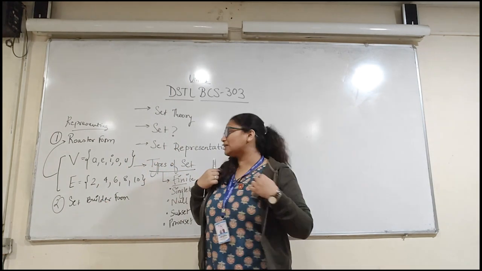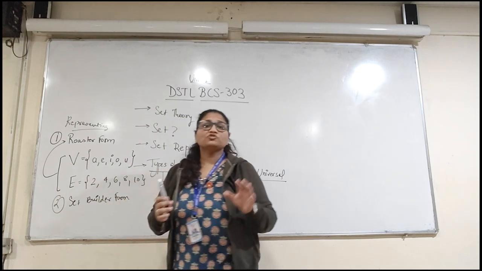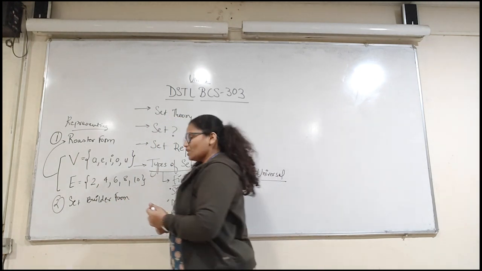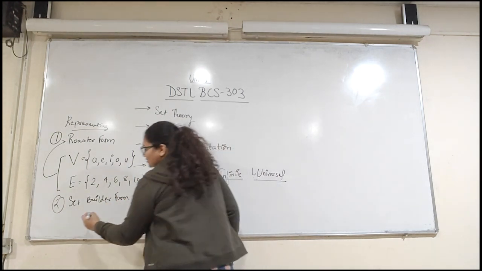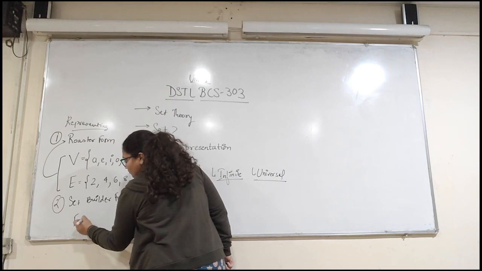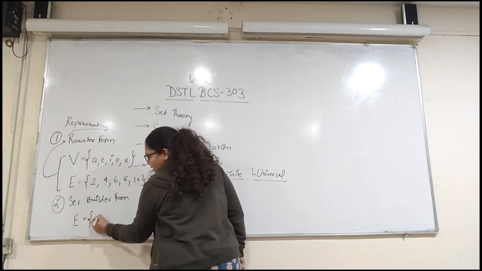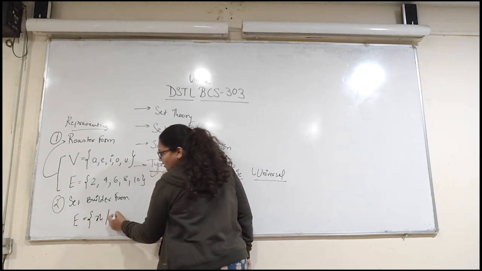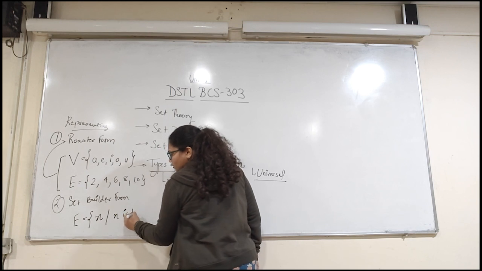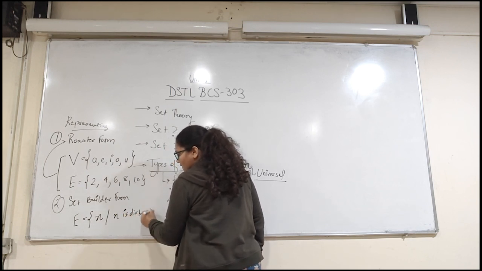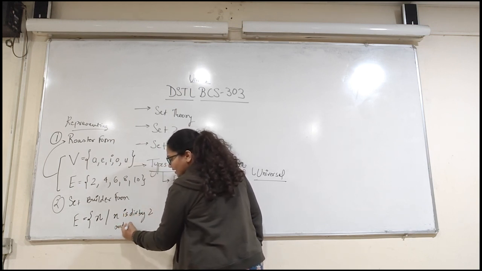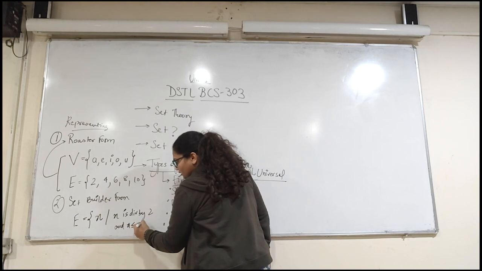Suppose I take an example of first 50 even numbers. This can be written as E, where an element x such that x is divisible by 2 and x is less than or equal to 50.